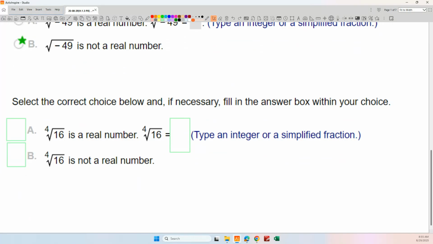How about this one, A or B? A, good. And what is the 4th root of 16? The 4th root of 16. It's 2. Yeah, good. How come?